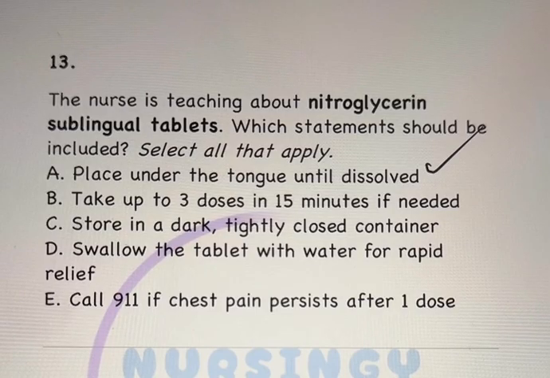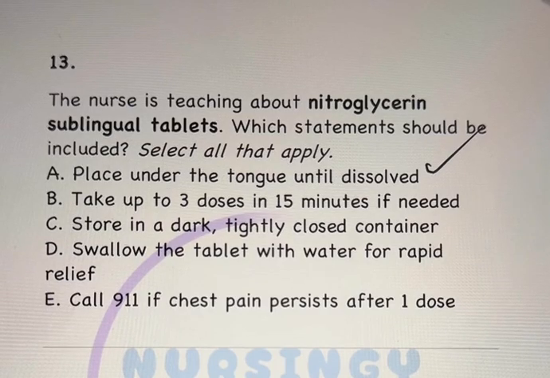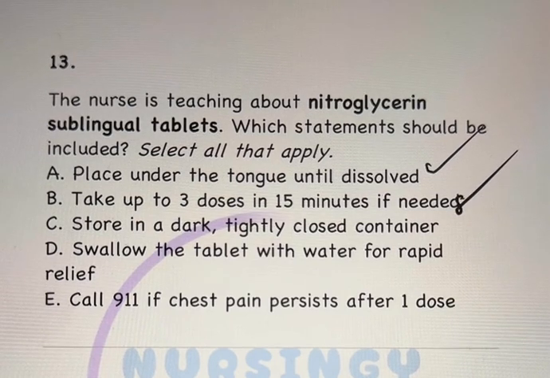Can they take 3 doses in 15 minutes if needed? Yes, one dose every 5 minutes, and a maximum of 3 doses is recommended only.